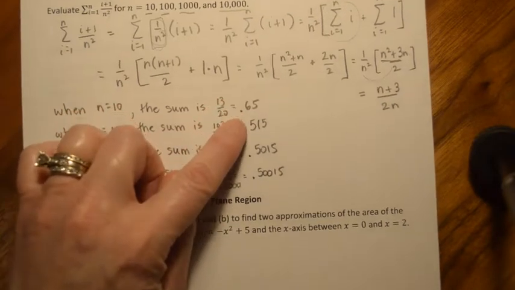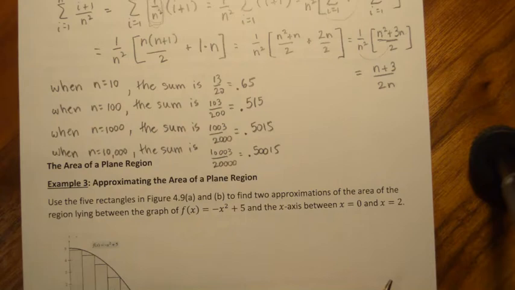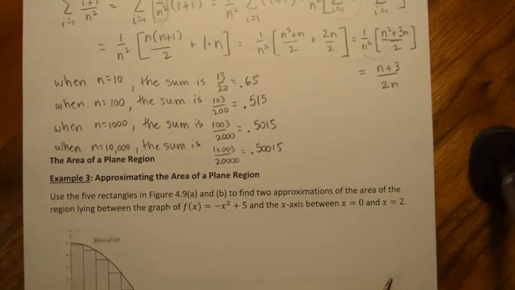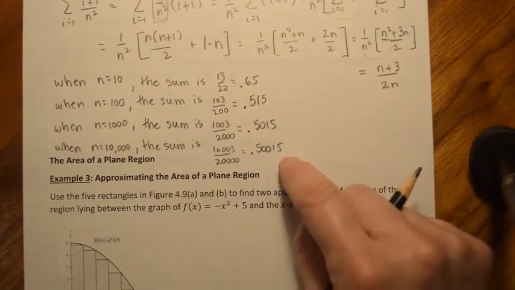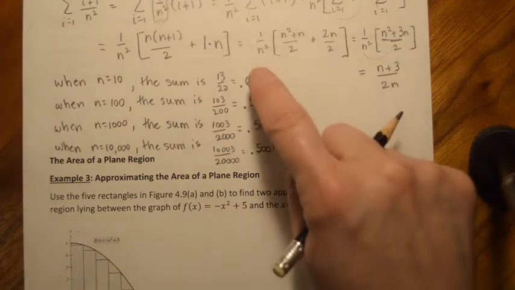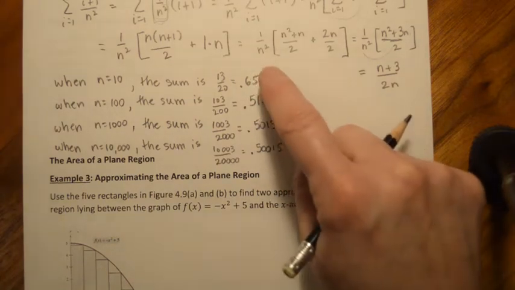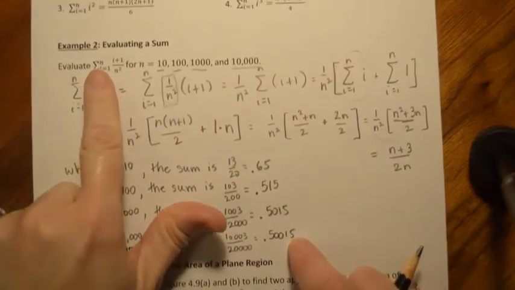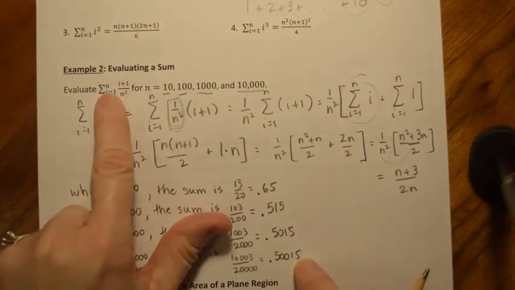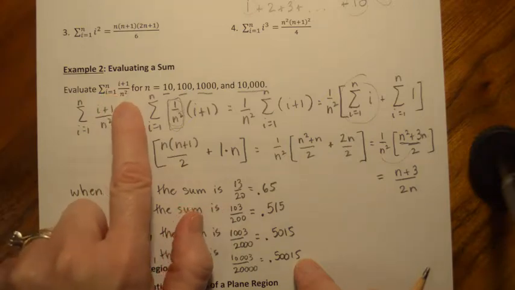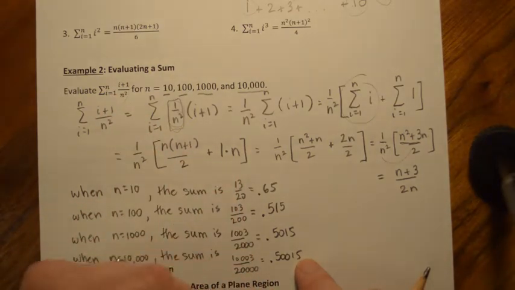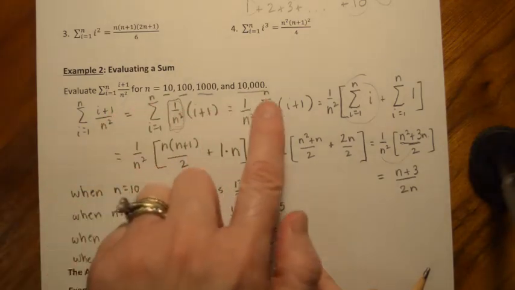Right, hopefully you can see a pattern here, and think back to when we did limits in chapter 1. We were doing limits in terms of finding the derivative, but here we could find the limit of this sum as we keep letting the number of terms get higher and higher. And then this denominator is going to get bigger and bigger as we keep going through.